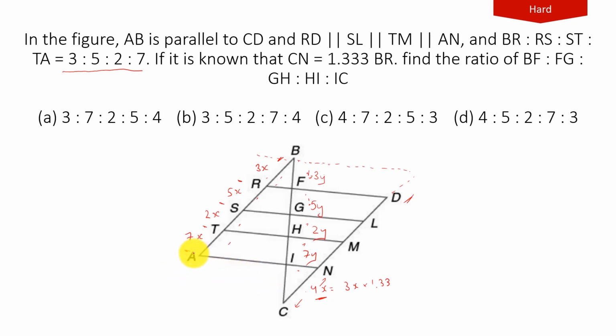However, since we know the first 4 segments and their ratio, we can look at the options and decide that the option is going to be B only, because the ratio for the first 4 segments is 3:5:2:7, and that is not present in any other option. So we know the answer is B.